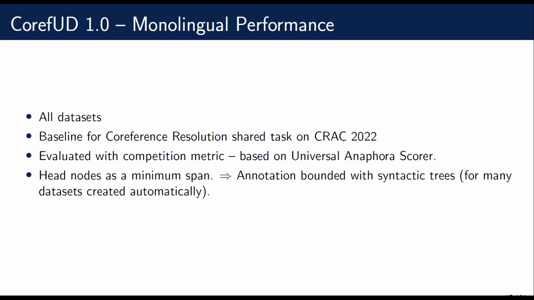So it's a different evaluation from the previous tables you saw, and maybe you saw already some presentation about CorefUD. So the annotation is based on head nodes. So if you annotate the coreference on heads, it means that all the words that are covered by the head are also part of the coreference relation or part of the mention.